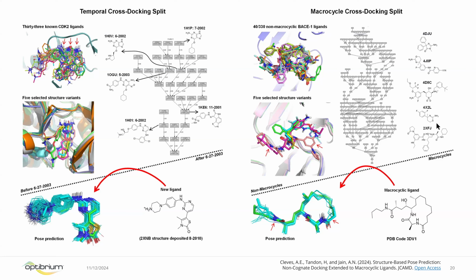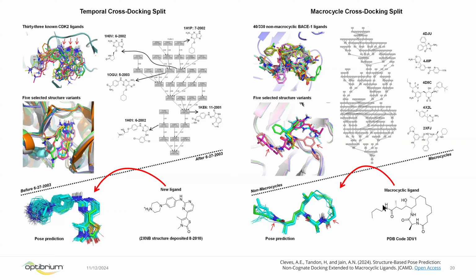I've been doing this a really long time, and I look at these things and I wouldn't immediately guess that they bind the same site, but they do. So we can process through very large data sets like this and then end up with 5 selected structure variants. The ligands in particular are these 5 over here.